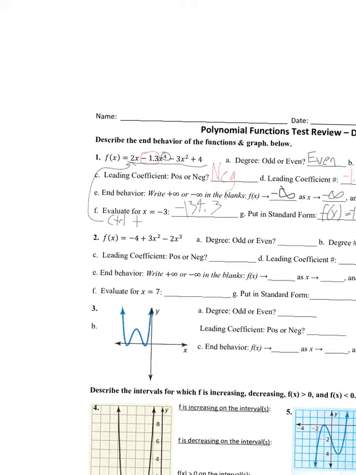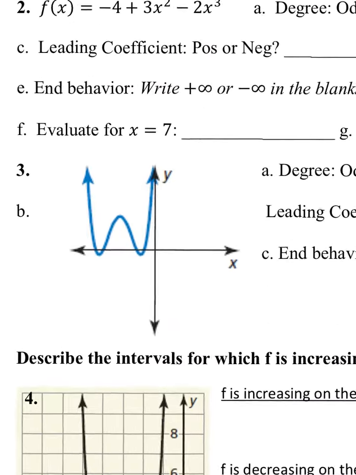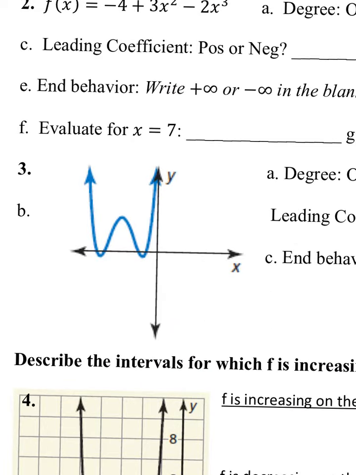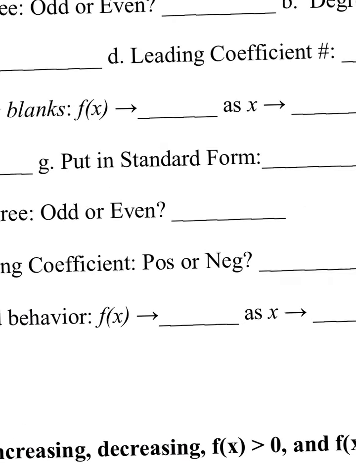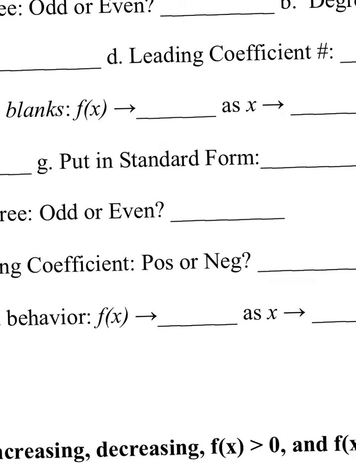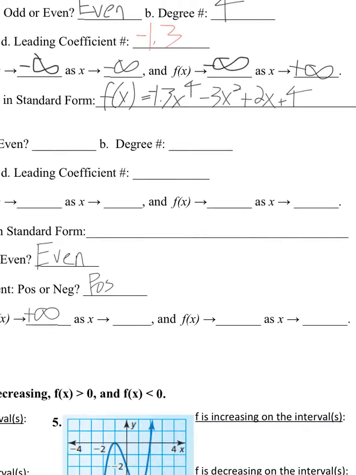So you do number 2, I'll move on to number 3. Here's our function here, or our graph I should say. Is the degree odd or even? They are both going up. So if they're going in the same direction, it's even. If they go in opposite directions, it's odd. If they're both going up, then it's positive. And so the end behavior of that graph would be plus infinity for the y's.